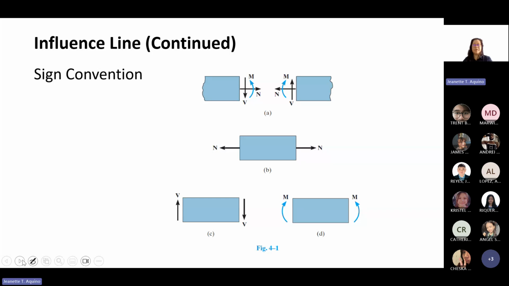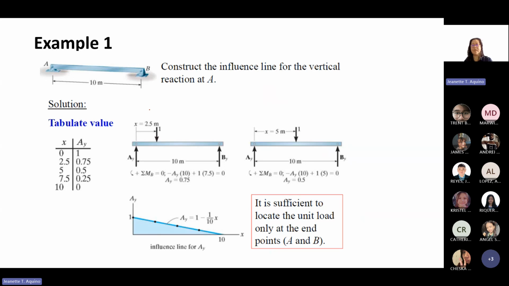Okay, now let's go through an example to construct the influence line for the vertical reaction at A. As I mentioned, you have to put the moving load at certain points here.